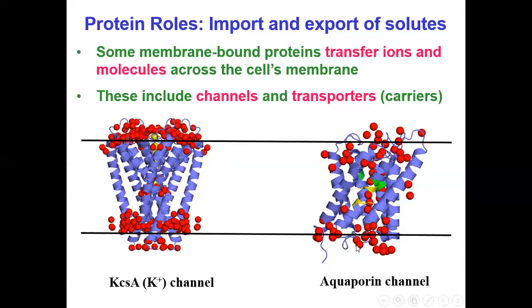Now, many transporters also mediate passive transport, like channels, but some of them can use external energy, usually in the form of ATP, but not always, to pump the solute against its concentration gradient, which means they transfer the solute from low concentration to high concentration. And this is called active transport.